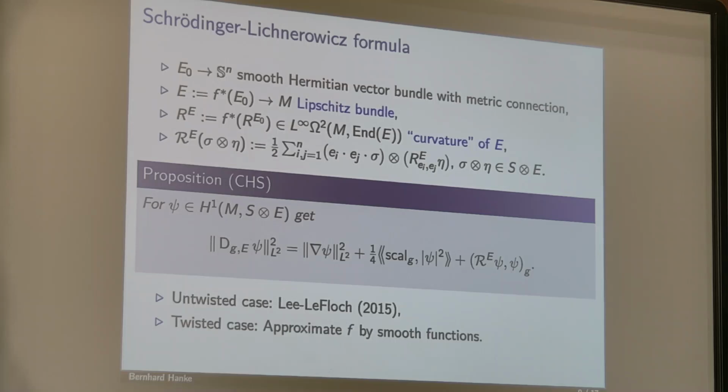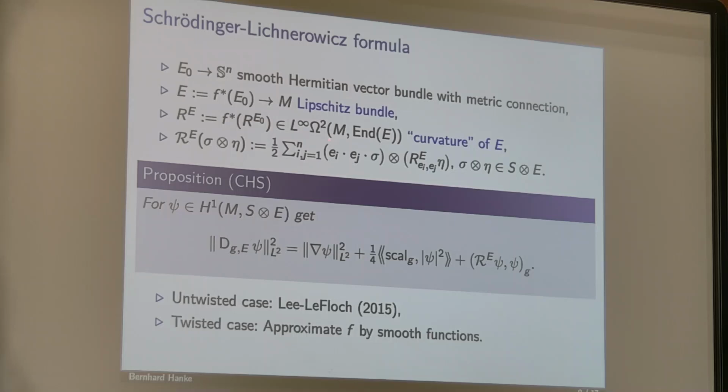And now, as I told you before, this Chern character involves some curvature properties of your twist bundle. For curvature, you need second derivatives, but this is just a Lipschitz bundle, so you can only take first derivatives. But what you can do is compute the curvature of the original smooth bundle E0 and then pull back the curvature along your Lipschitz map f.